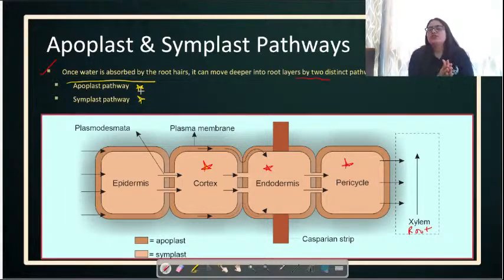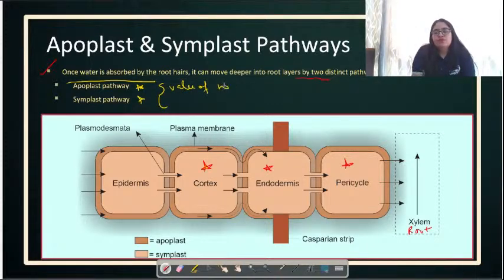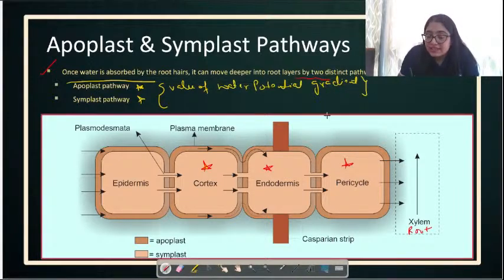So if the water potential gradient is more in the apoplast pathway, the water will majorly move via apoplast. If it is more in symplast, it will move via symplast. So who is the deciding force? It is the value of the water potential gradient that will actually decide which path water will take, apoplast or symplast. This is one very important condition.